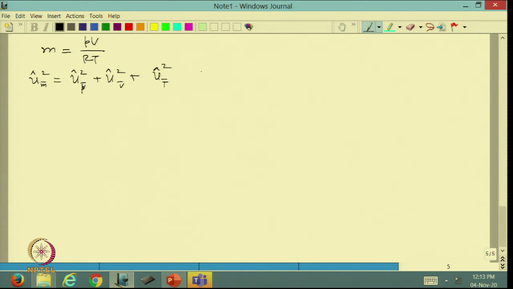And now we recast this, because we want the uncertainty in the pressure. We say u hat P bar square is equal to u hat m bar square minus the other two uncertainties. And then we put all our values that we had earlier and do this calculation.